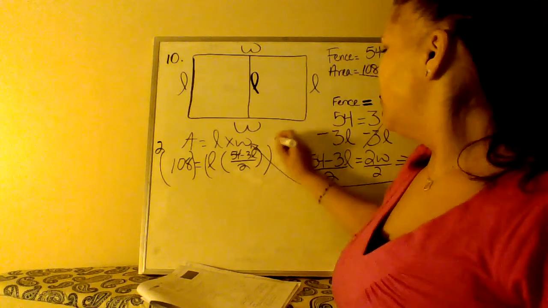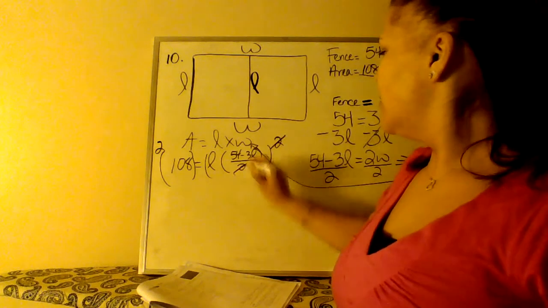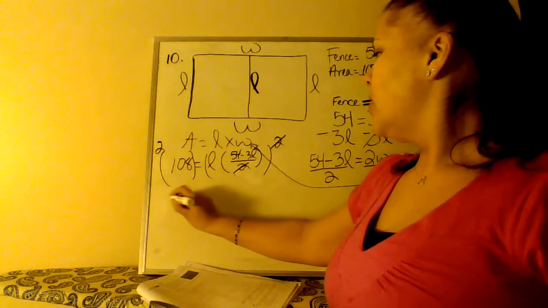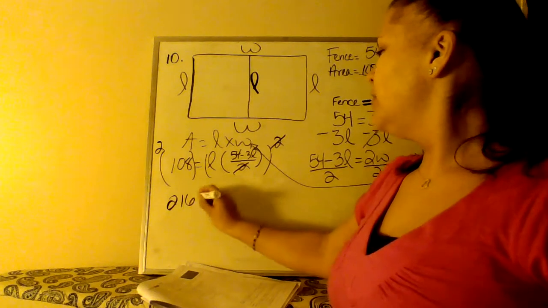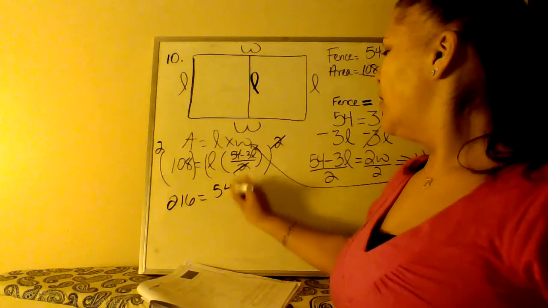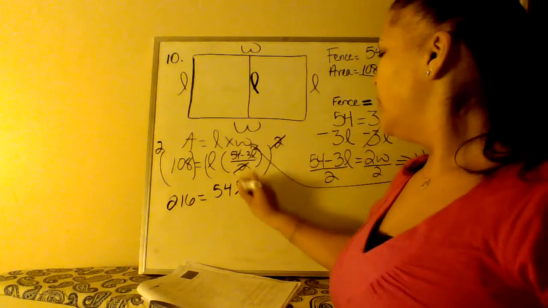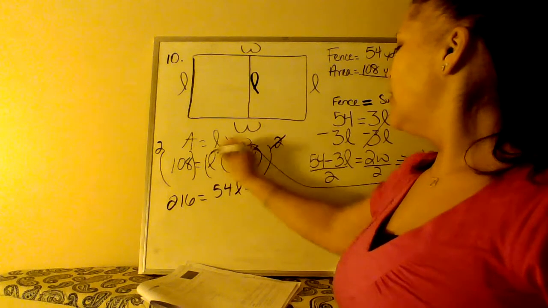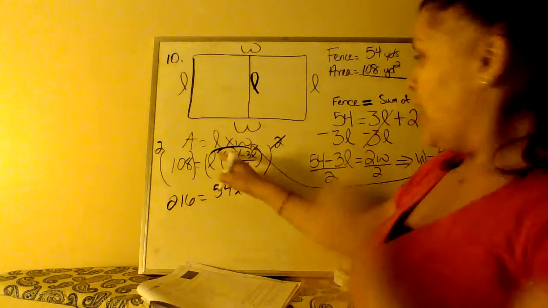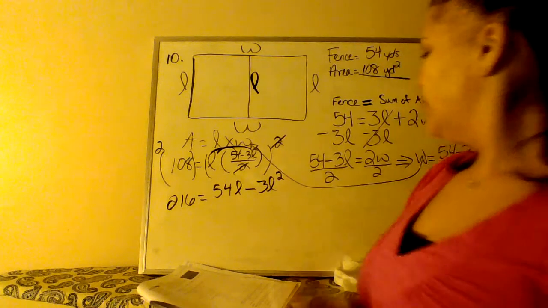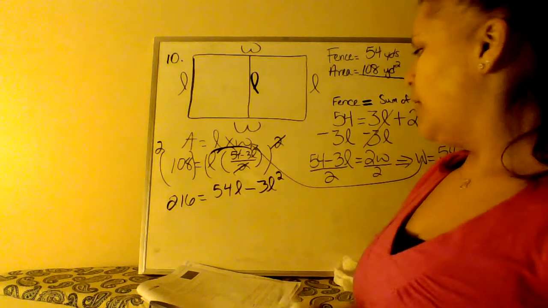So multiply by 2, cancel, and then you have 2 times 108, that's 216, and that's equal to 54L, and remember we're distributing, minus 3L squared.